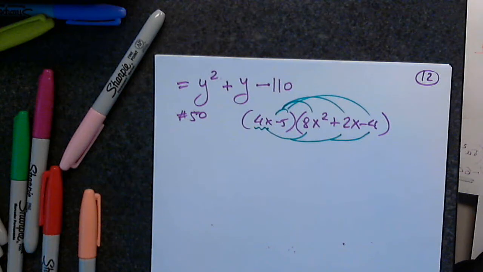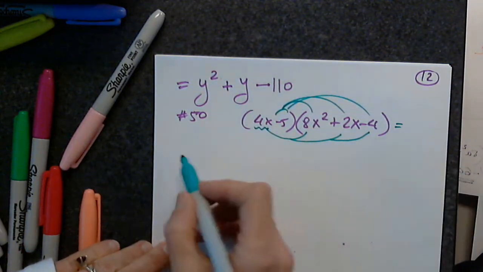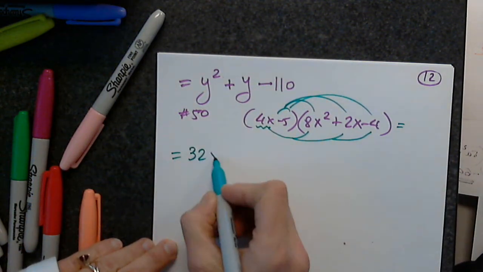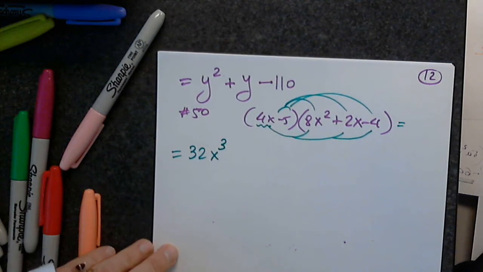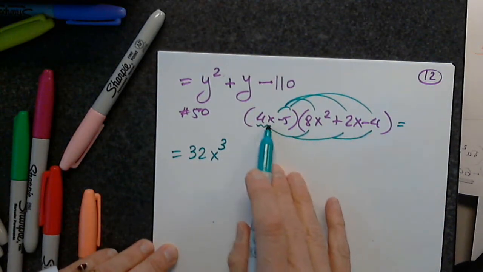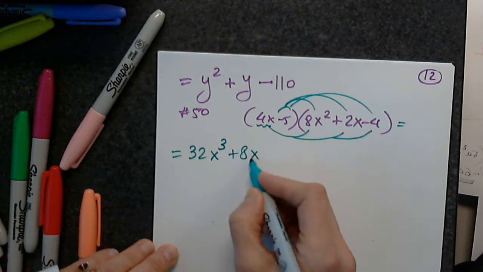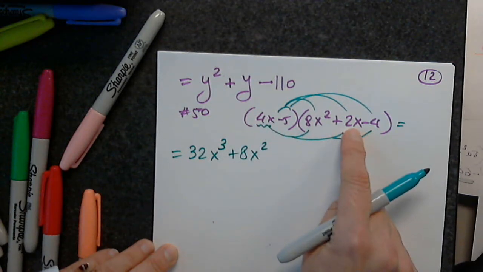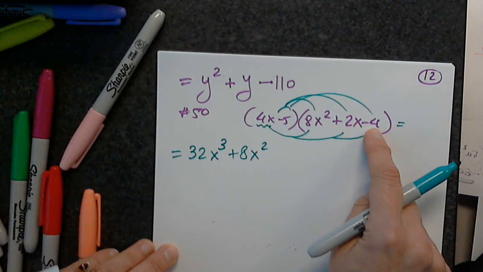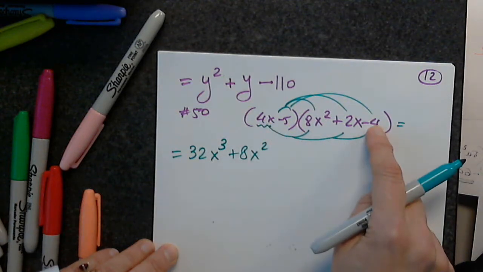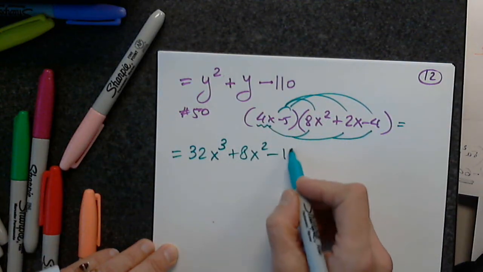Okay, so let's check it out. You gave me 32x to the third, correct? Okay, then the next one, 8x squared. Do we all agree with 8x squared? And then negative 16x.